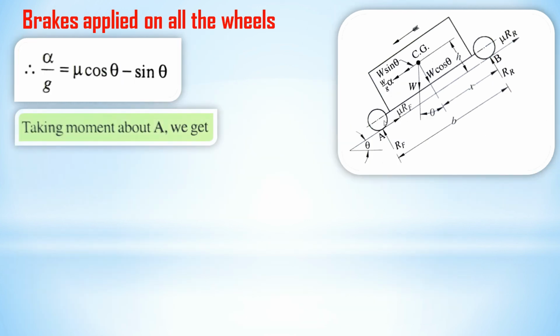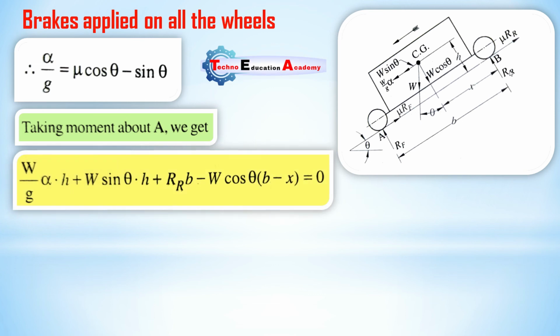Now we are taking the moment at point A. You can take moment at either point A or B for getting the value of Rf and Rr. Moment means force into perpendicular distance. So we are considering all the forces perpendicular to the line of action at point A. The first force, inertia force W by g into alpha, has distance h from the line of action of A. Then the second force, W sin theta, its distance is also h.